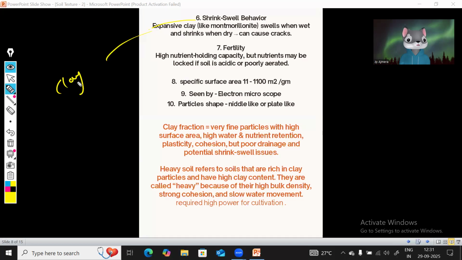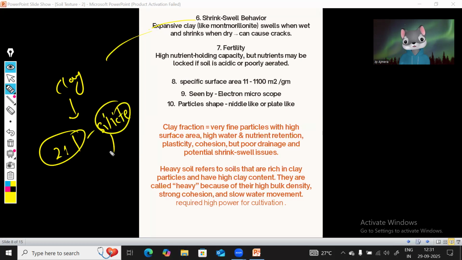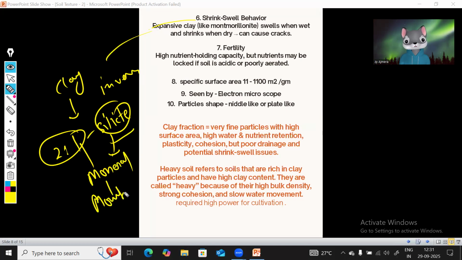Clay contains 2:1 type silicate clay. What is this? Silicate clay minerals we will discuss in great detail, but this is one mineral called smectite.